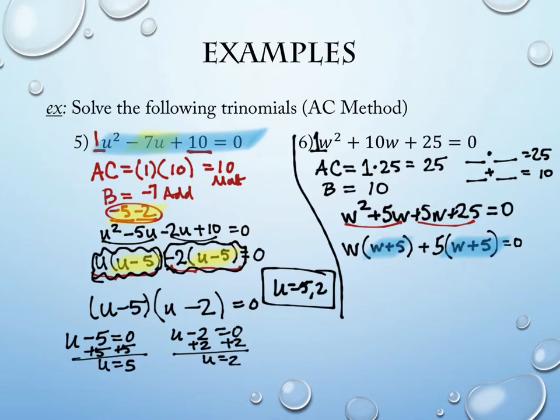So like we said, these two now match. So I look at each of the multiplication pieces in their entirety, and I pull out what they have in common, which is namely the highlighted blue part, w plus 5. So on the first piece, if I pull out w plus 5, I'm going to be left with w. And on the second piece, if I pull out w plus 5, I'm going to be left with 5.